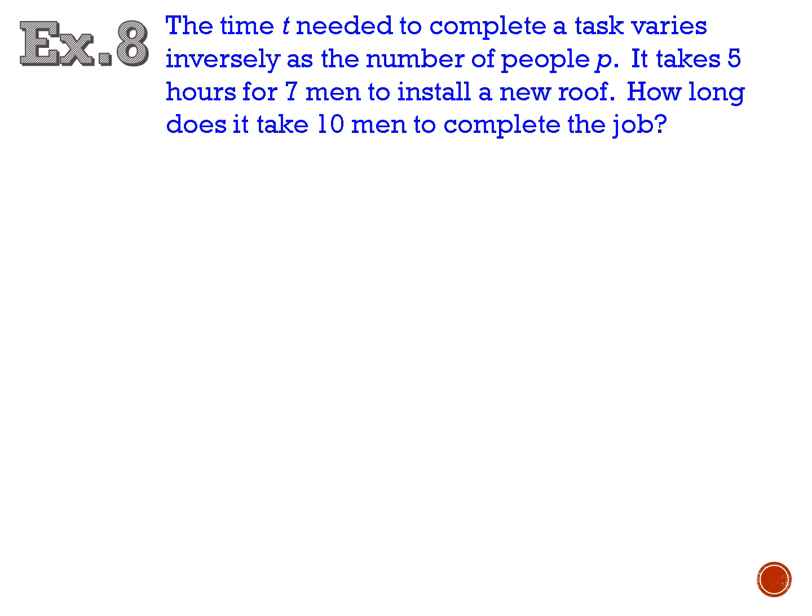So, first step, always your first step, you've got to write that equation. So time varies inversely as the number of people. That means t equals, and since it's inverse, the people are going to go in the denominator.